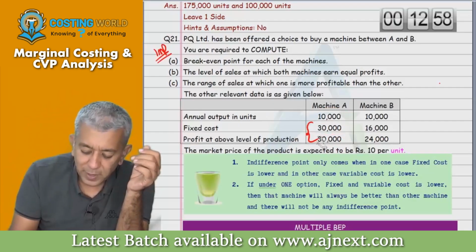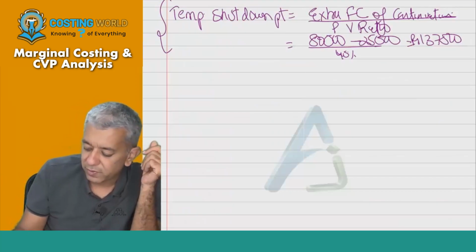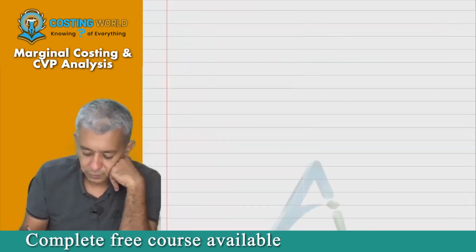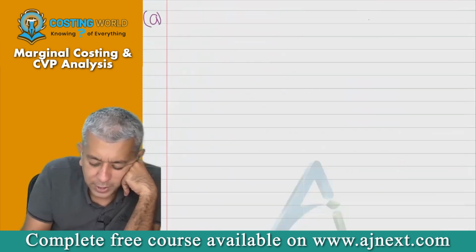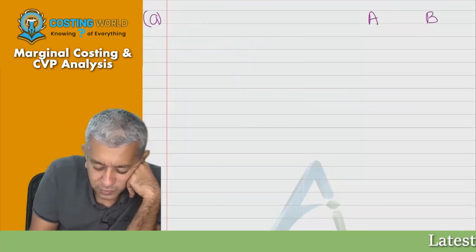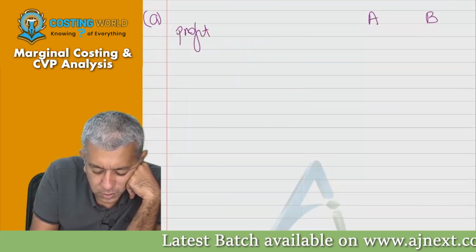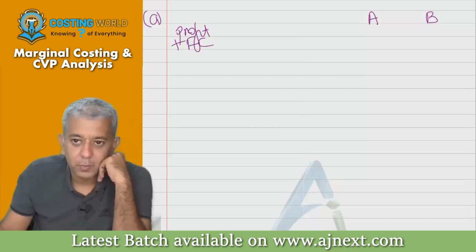Okay, you all write down please. Part A, I'm making the format, you all finish it off. Write down: calculation of break-even point for both the machines.